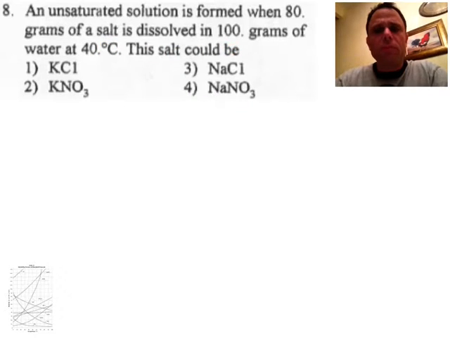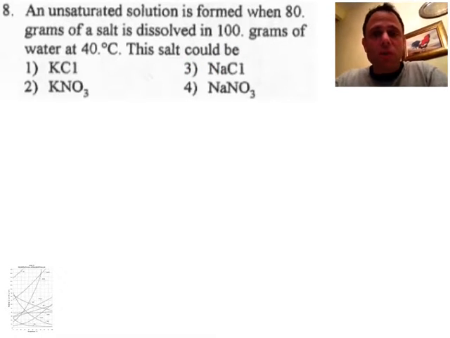This salt could be, now please don't get confused, it's saying salt. It is not saying table salt, which is NaCl. Remember, any salt means an ionic substance. All 4 of these are considered salts, just not the one you put on your French fries.